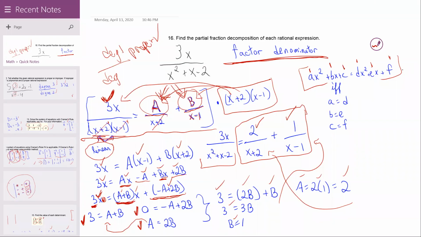And you can prove this to yourself. If you want to add those together, you're going to have to find common denominators, and you should end up with this part, because that was the whole point of this. And this comes back in Calc 2, especially in DiffyQ and a couple other places, so it doesn't really go away.